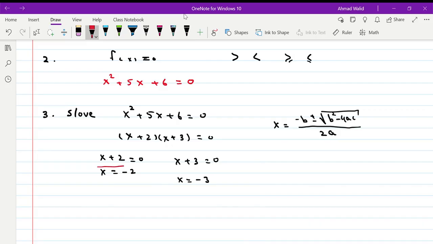The solutions for this equation, we call them, in inequalities, the boundary points. We call these two boundary points.